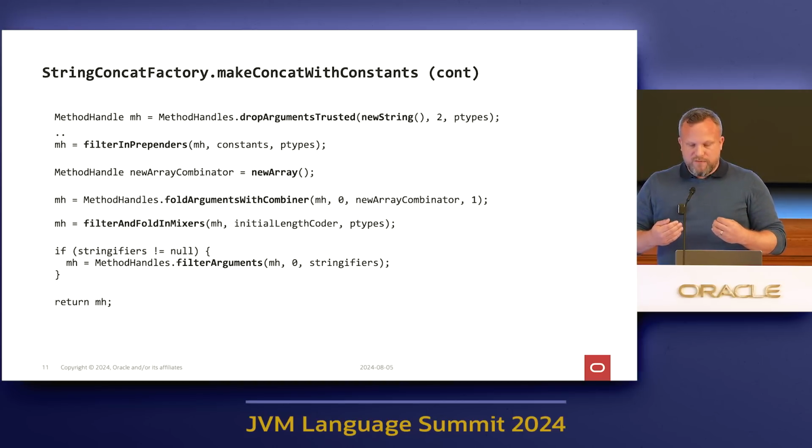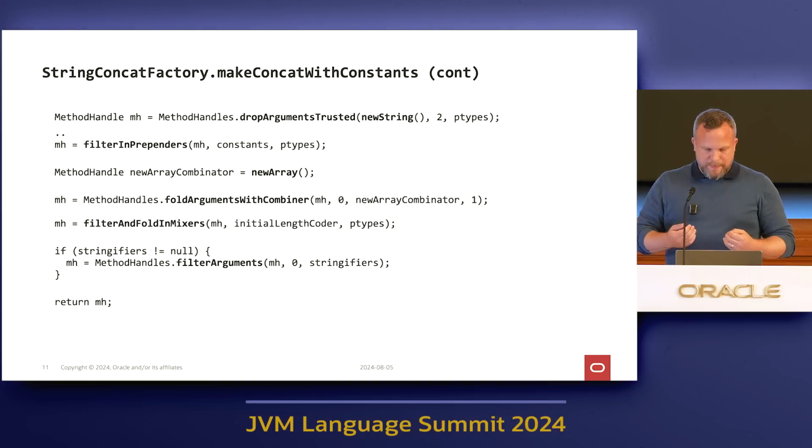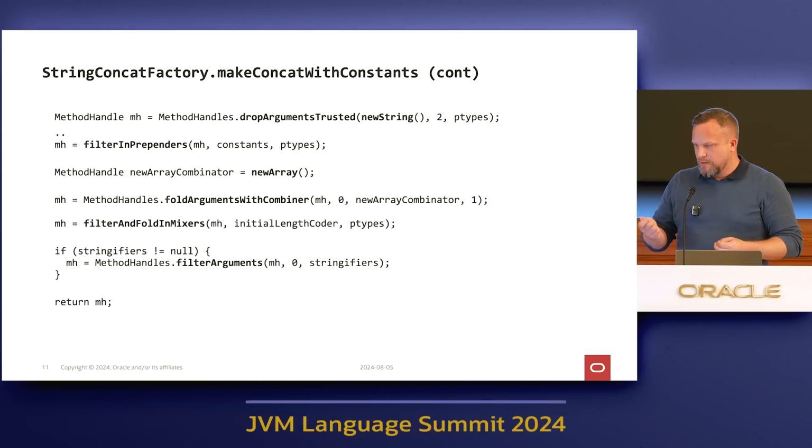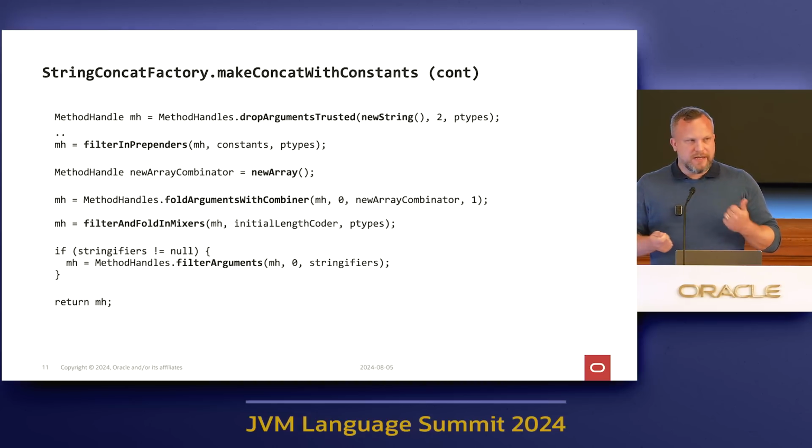And then we fold in the mixers, which are methods that basically look at the argument and decide how long it is. Does it need special encoding? There's a length and a coder being thrown around in the slides here.